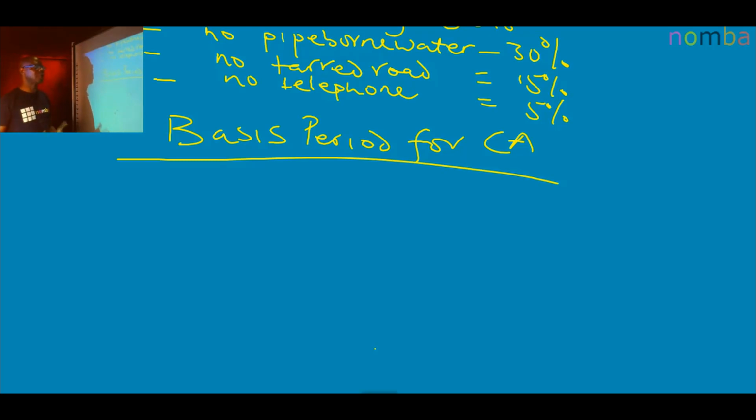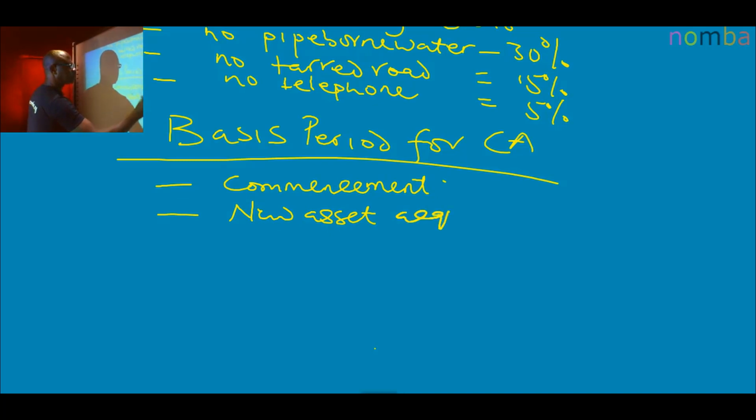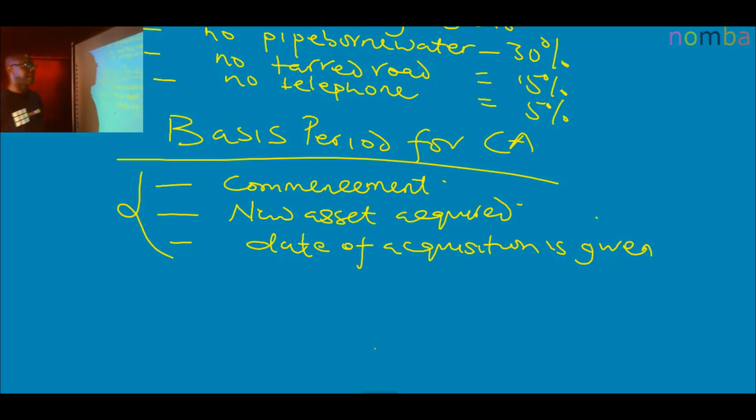If a question is bordering on commencement and new assets were acquired, and take note, the date of acquisition is given, if that is the case, then you should be thinking of basis period for capital allowance.